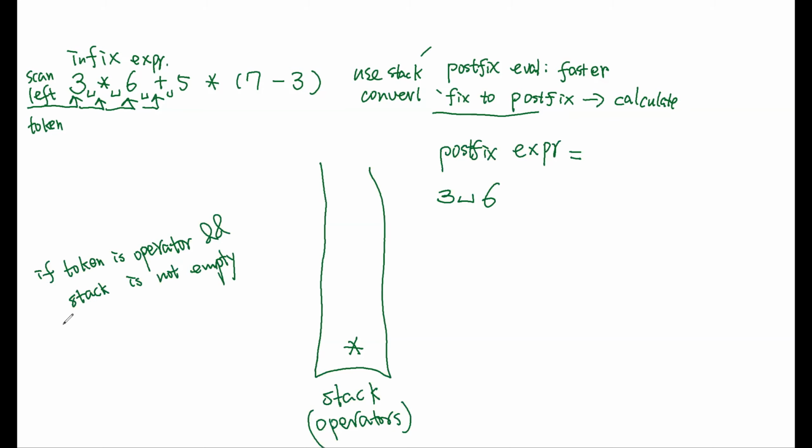So basically there is a loop. And within the loop, you need to compare the top of the stack with the token.